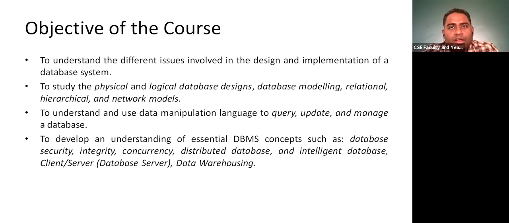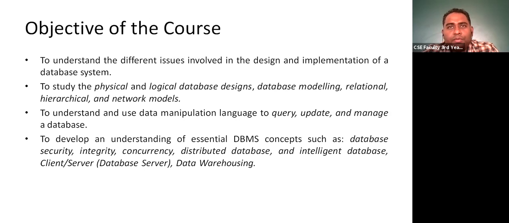Now in a database you'll see that different types of users are there. Which user should have access to which resources has to be maintained. Granting some permission to a particular user or revoking some permission from a particular user can be done with the help of the data control language.